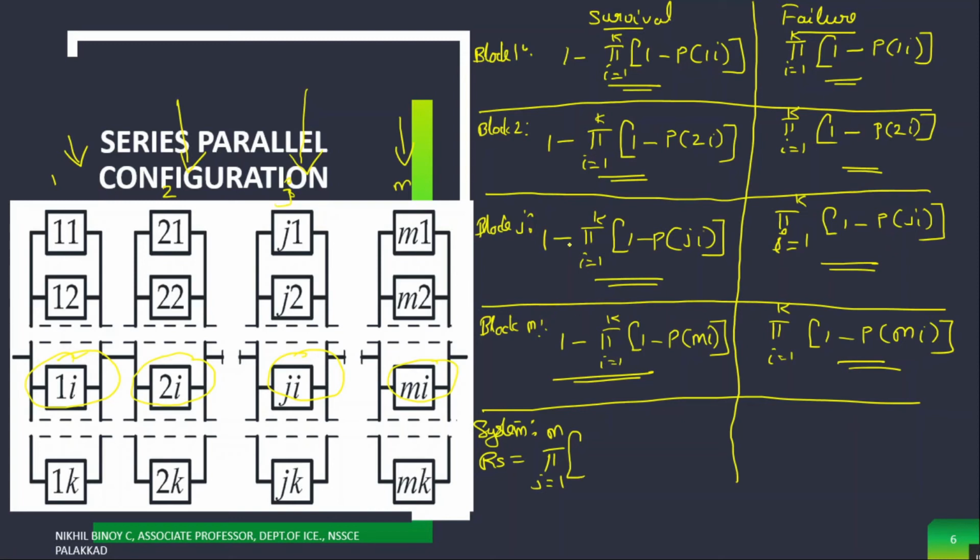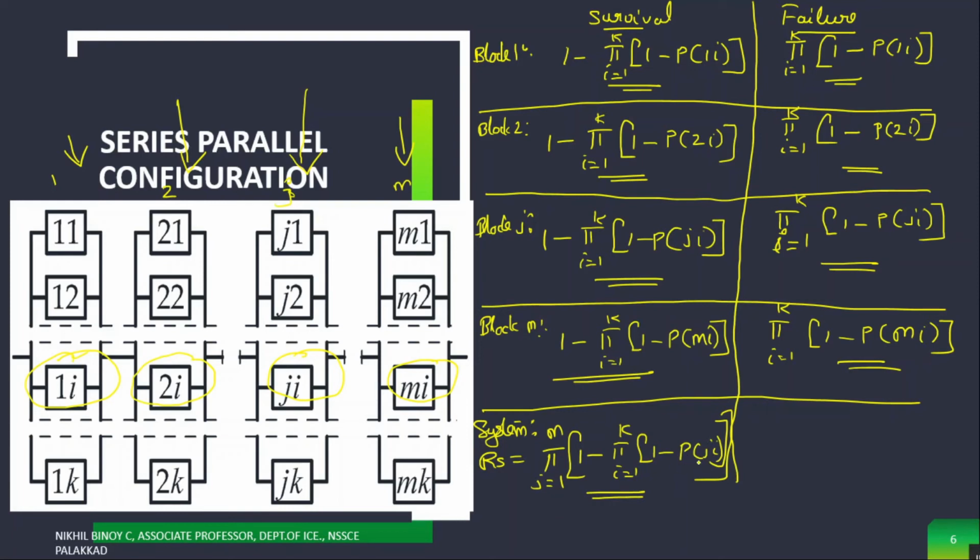Now take this quantity: 1 minus the product of I equal to 1 to k of 1 minus p of ji. This one is the probability of survival of a block. The probability of survival of the system RS is equal to the product of j equal to 1 to m of 1 minus the product of I equal to 1 to k of 1 minus p of ji, closing the inner square bracket, then closing the outer square bracket. So this one is the reliability of the system.